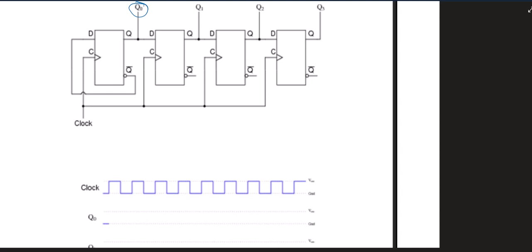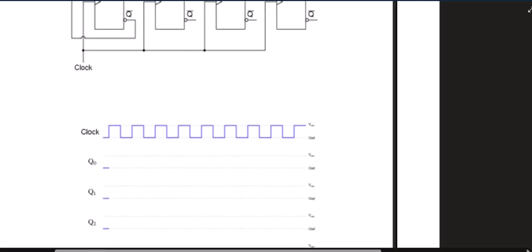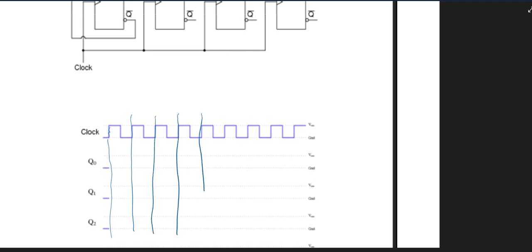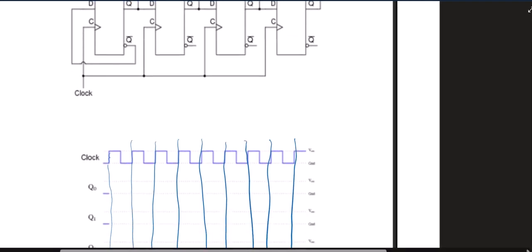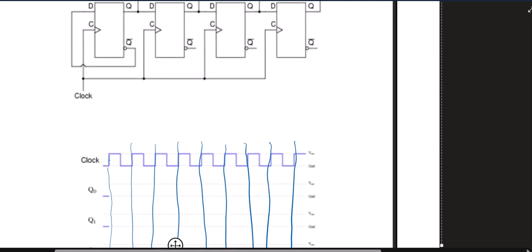So it's going to become, oh, let me do my positive edges. So Q started at 0, so Q bar was 1.